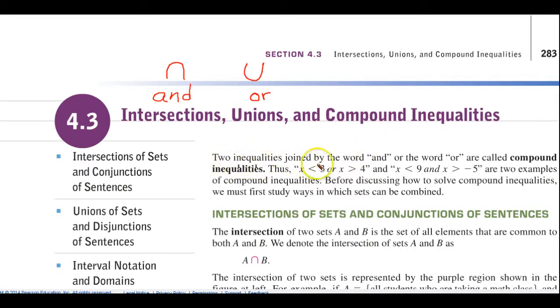so two inequalities joined by the word "and" or the word "or" are called compound inequalities. Thus, when you have this inequality or this inequality, here they're speaking of a union, and this inequality and this inequality, they're speaking of an intersection.